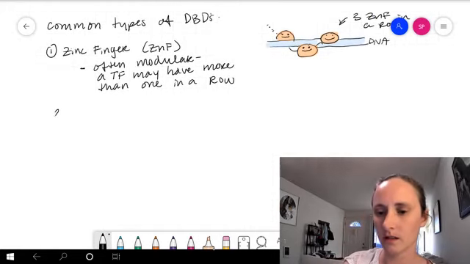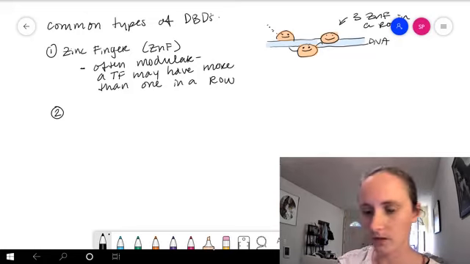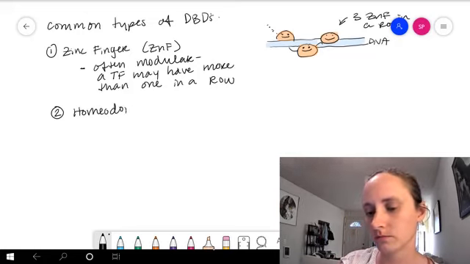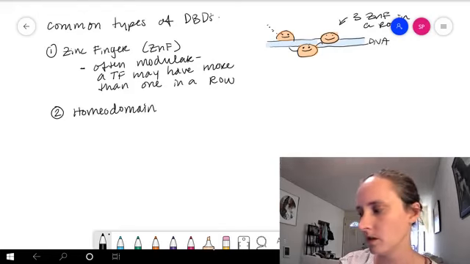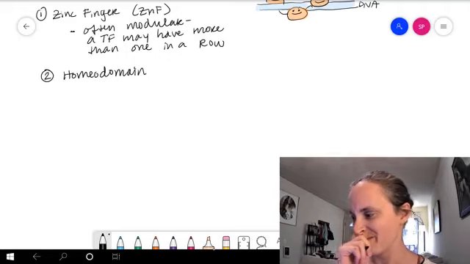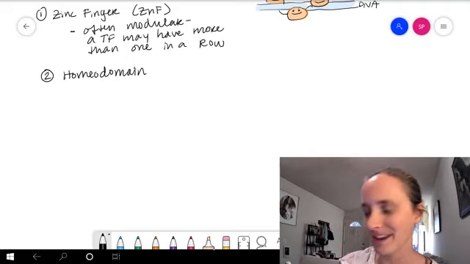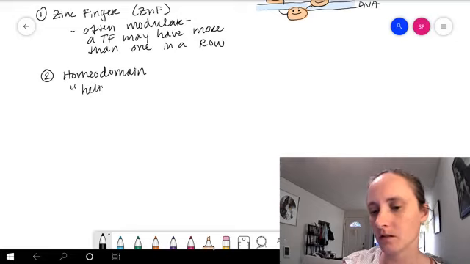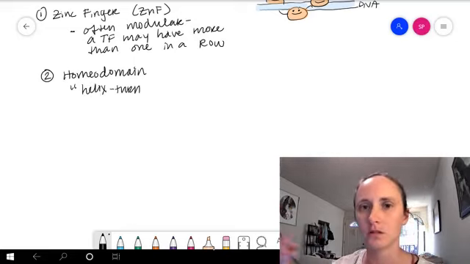A second type of domain is also common. It's called a homeodomain. Homeodomains have other names. Homeodomain. Oh, it rhymed. Okay. Another common way to refer to it is a helix-turn-helix, based on kind of what the protein structure does.